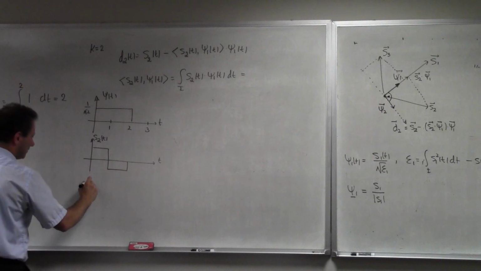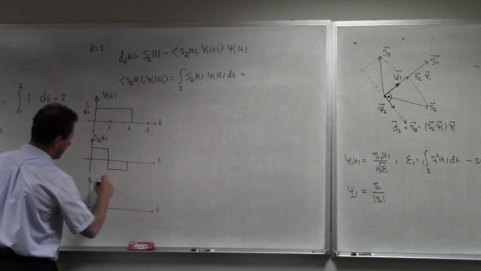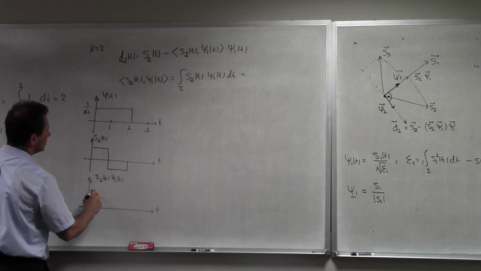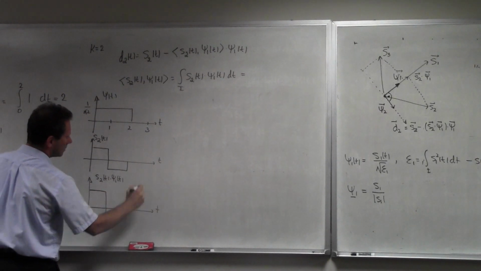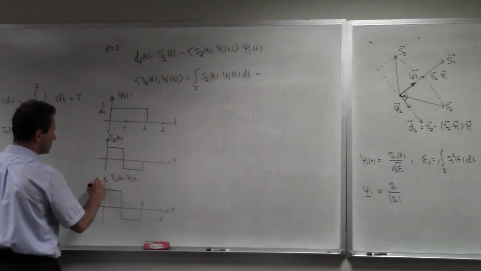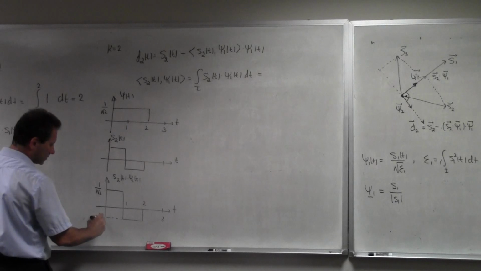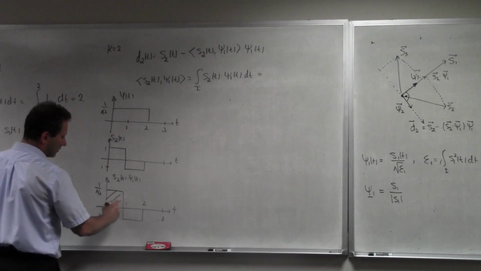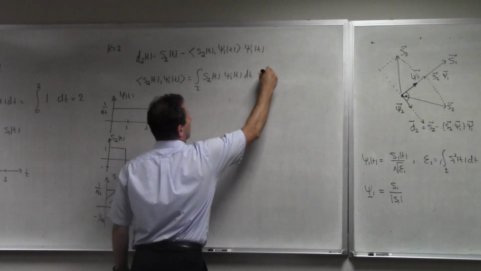So when I multiply, I have S2 of t times psi 1 of t, which looks like this. Right? And this is 1 over square root of 2, and this here is minus 1 over square root of 2. But whatever is the case, what's the area under the curve? So this part here is equal to 0.